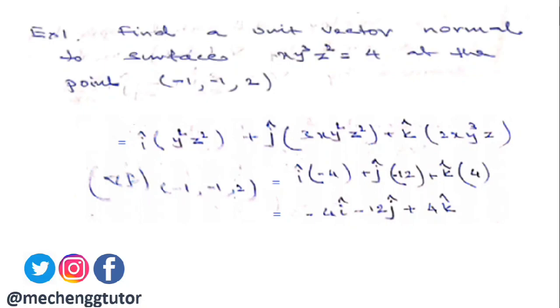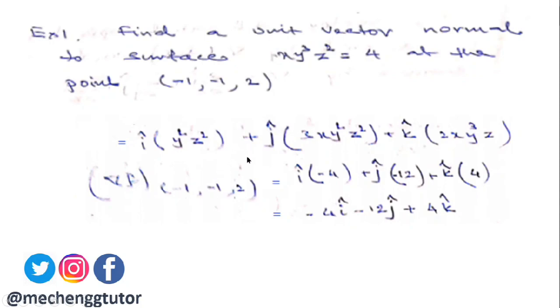So at this stage we got a vector which is normal to the given surface. Now the question is to find the unit vector normal to this surface, so we just have to find a unit vector.